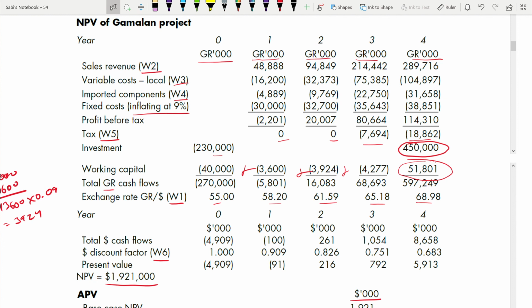You just have to focus on 3 and 4, the third year and the fourth year. I'm taking a little time here so that you can observe that. I don't want to rush through.